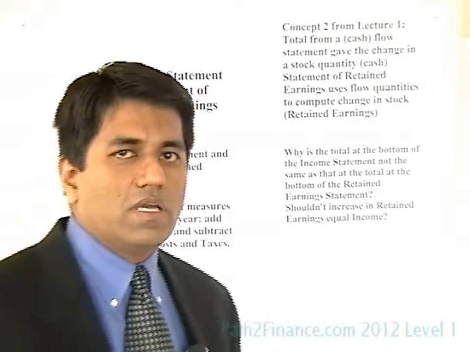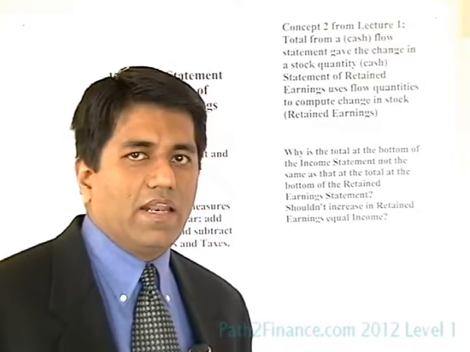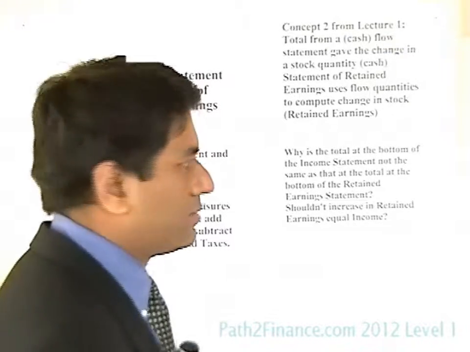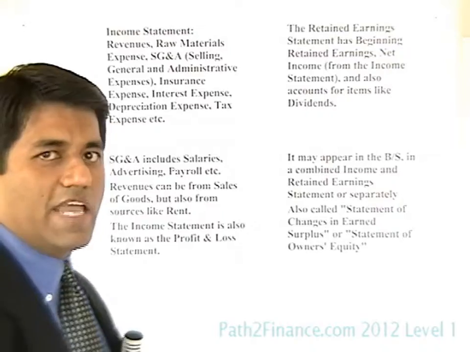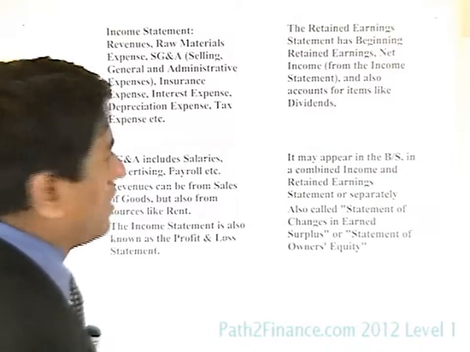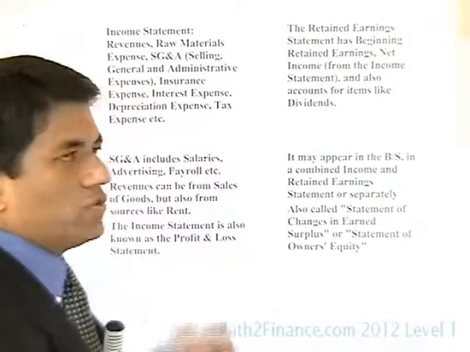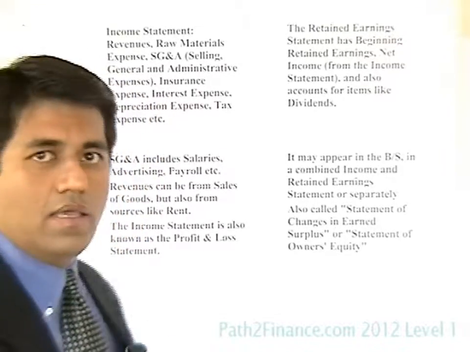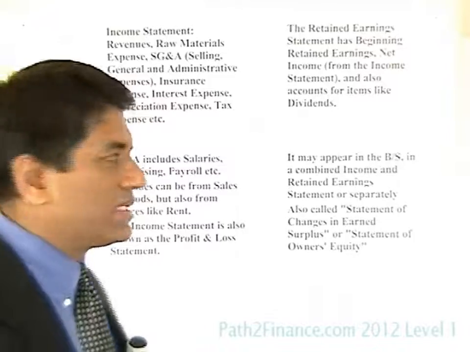So now we shall look a bit more in detail at what the items in an income statement are. An income statement will have revenues, which are going to be added to get income, and some expenses which are going to be subtracted.